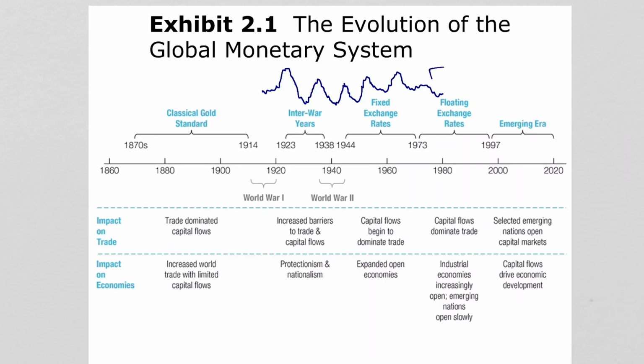That's a floating exchange rate system. After the war ended, coordination began to occur again, and we had a period of fixed exchange rates again. But for reasons that we'll discuss, from the 70s onward, we've gone back to floating exchange rates for the most part. And today, we have a lot of floating exchange rates, but we also have a lot of exchange rates that are somewhere in between fixed and floating.